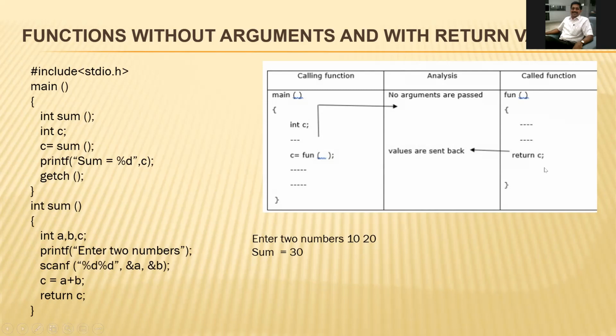We are returning back the value which is calculated in the called function to the calling function. Now this is the example at the left hand side. This has data communication. What type of data communication? There is a one-way data communication.